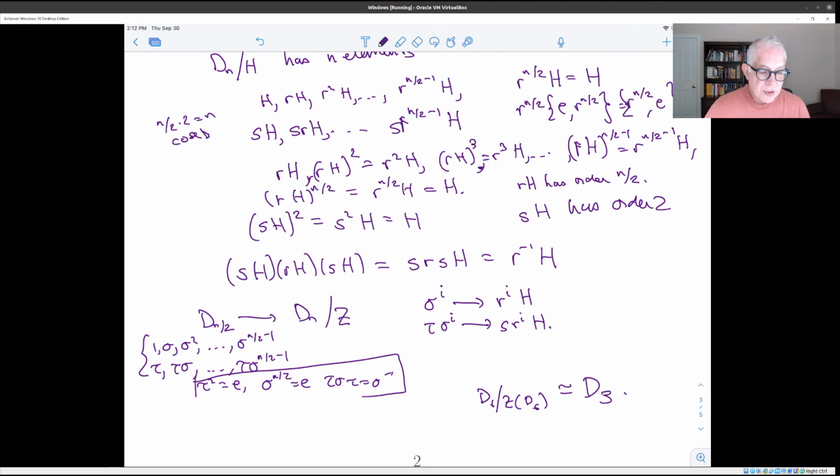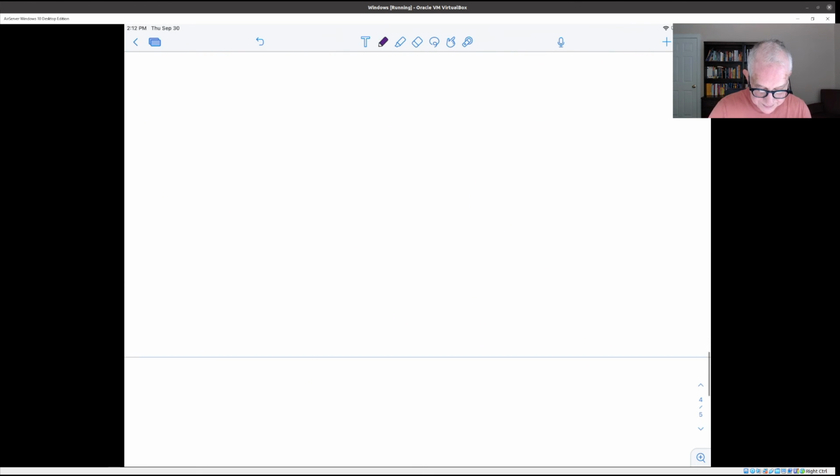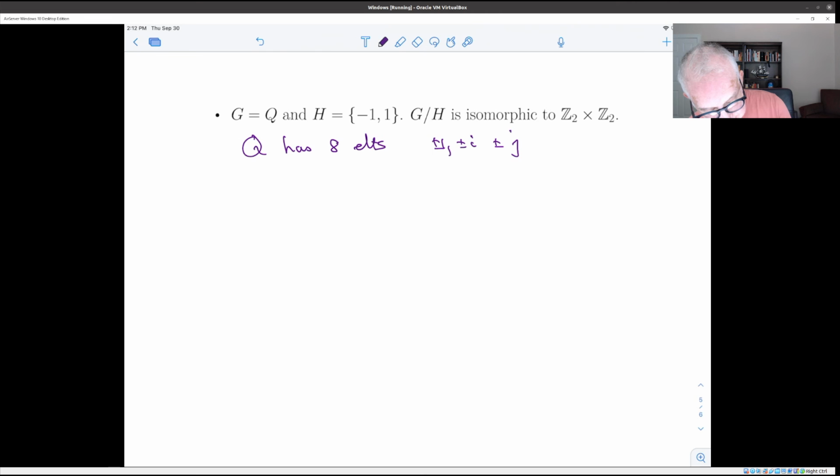Let's look at one more example, and that has to do with the quaternion group. So the quaternion group has 8 elements, plus or minus 1, plus or minus i, plus or minus j, and plus or minus k. And it has this normal subgroup H, which consists of just minus 1 and 1.